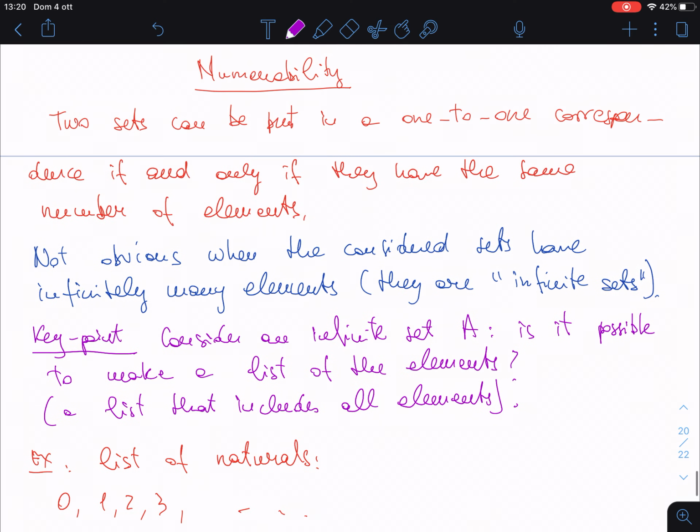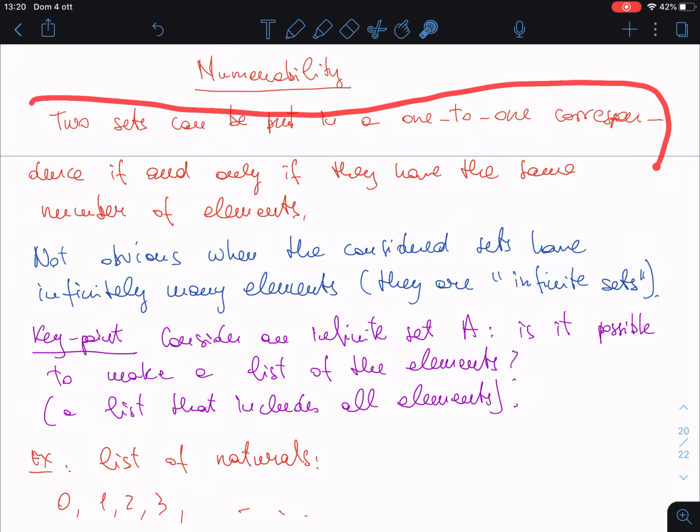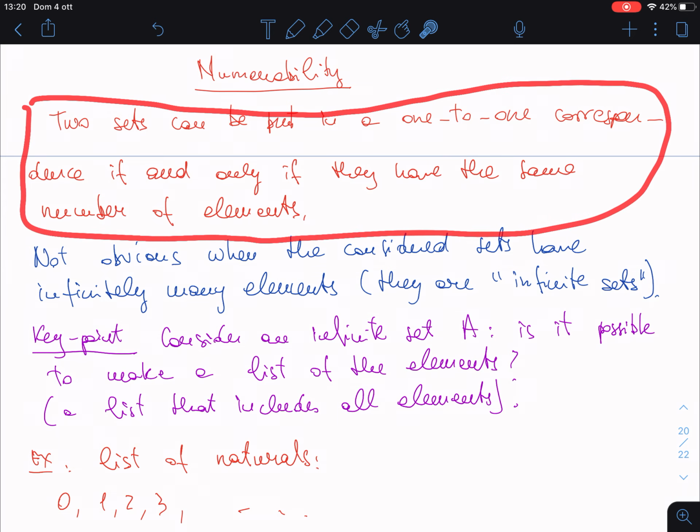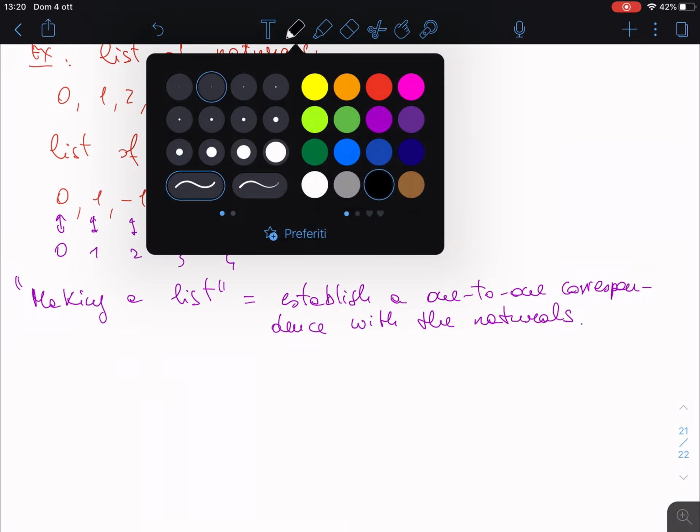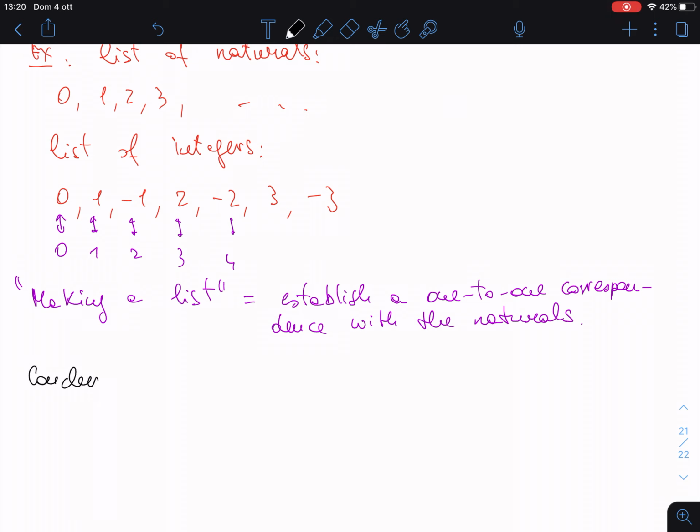And since we said at the beginning that the basic concept of this theory of counting elements is that two sets can be put in a one-to-one correspondence if and only if they have the same number of elements, the conclusion is naturals and integers are of the same size, so to say.